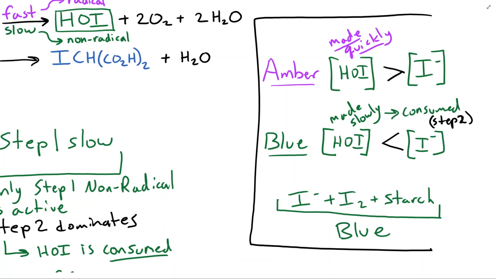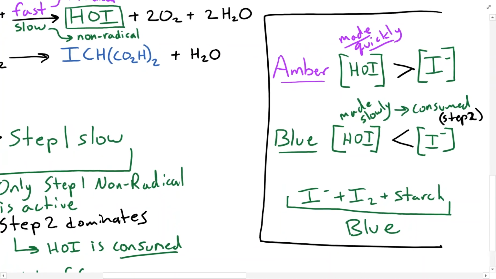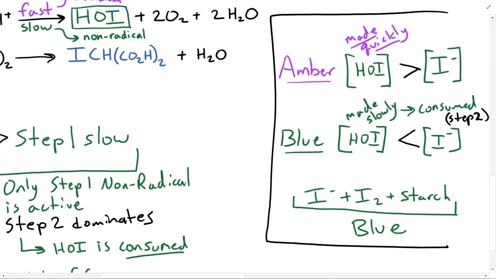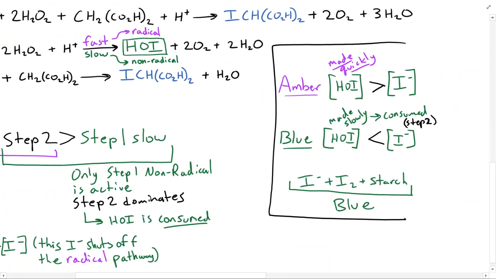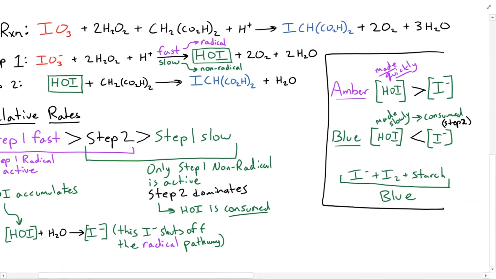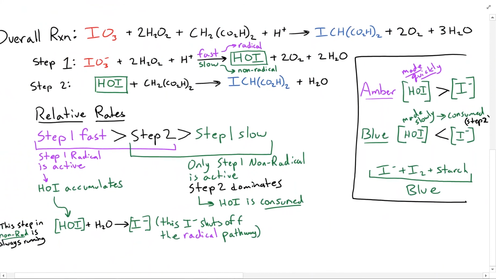This means that we get a blue color because we have a much lower concentration of HOI than I⁻, meaning I⁻ and starch give us our blue color. So if we look at this and look back at our reaction, we can see why it switches between blue and amber throughout this process.